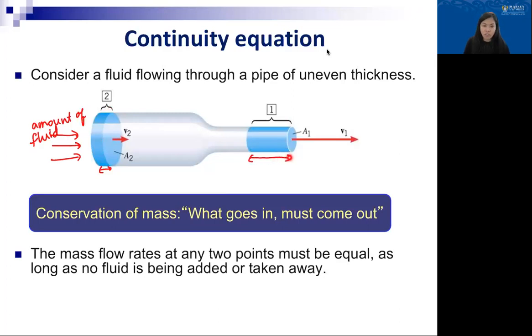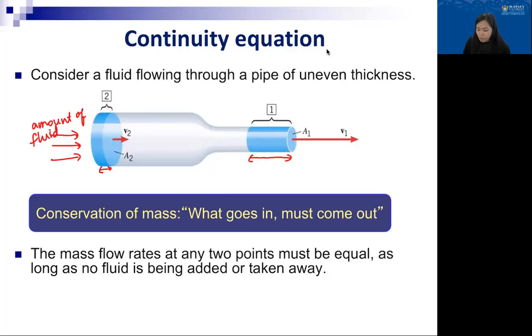But the amount of fluid in this part should still be the same as the amount of fluid in the second part, with the smaller cross-sectional area. That's the idea behind the continuity equation. It's essentially saying that the amount of fluid at one point of the pipe should be the same as the amount of fluid at a second point in the pipe, even if the size of the pipe changed.